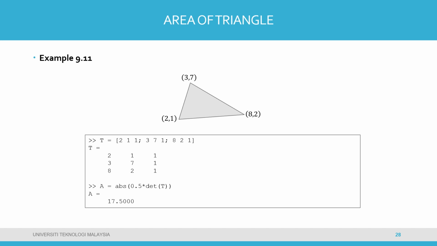So how to do the code? Example 11, you just insert the matrix of all the determinant. So you get this, and then you find this, you get the area. Try it yourself.